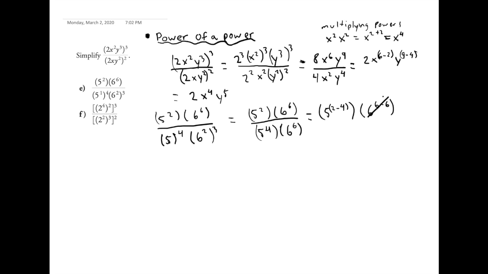This thing is going to be equal to 1. So it's a non-factor. It's not going to affect anything. So you're going to be left with this part of the equation there. So it's going to be 5 to the power of negative 2. 2 minus 4 is negative 2.